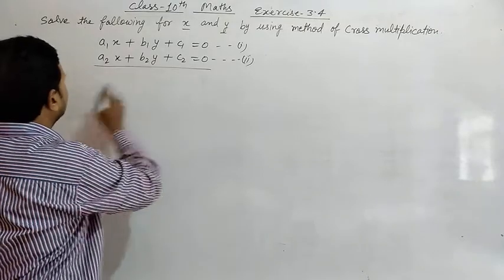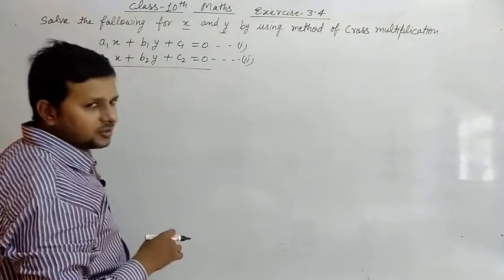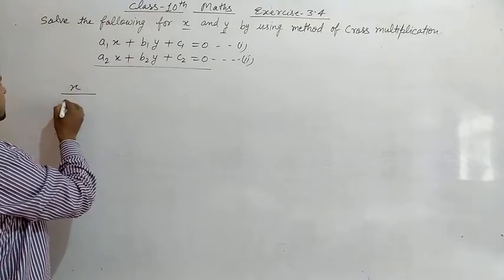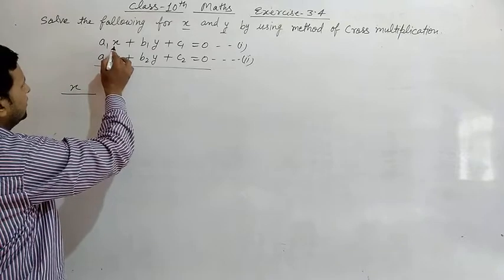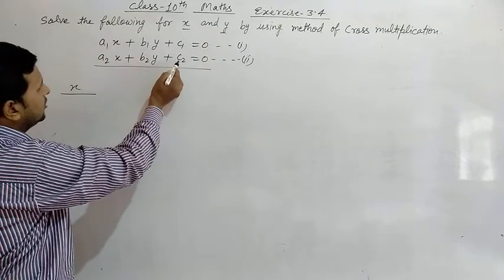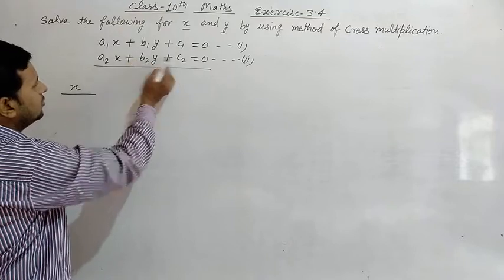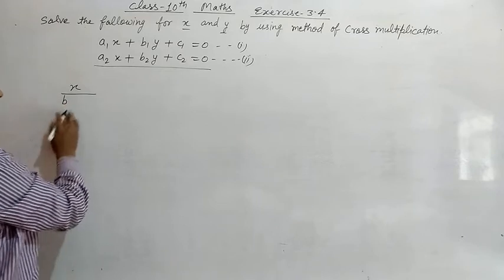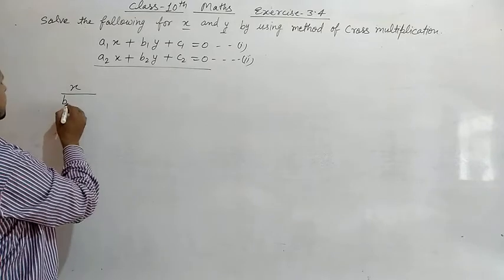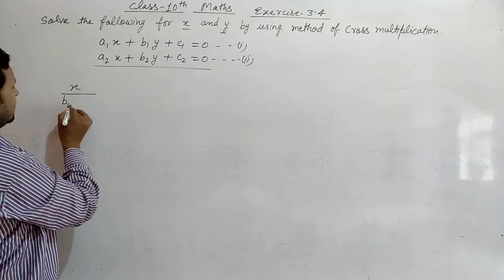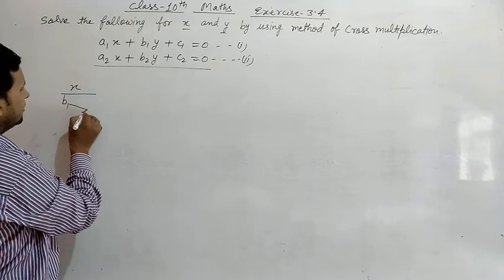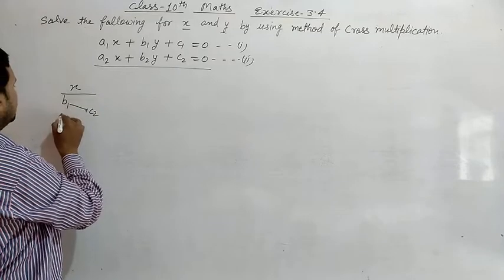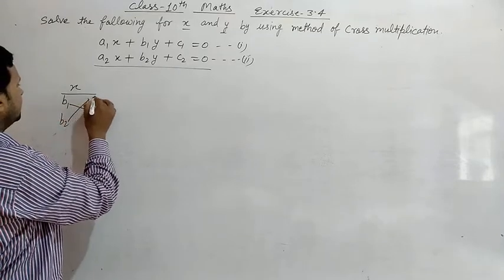Suppose that these two equations are here, so we get the formula: x upon, when we take x, then b1 into c2. See here, b1 into c2, I am trying to explain for your better understanding. b1 you can write in this cross way, b1 cross c2, and the same here b2 by c1.